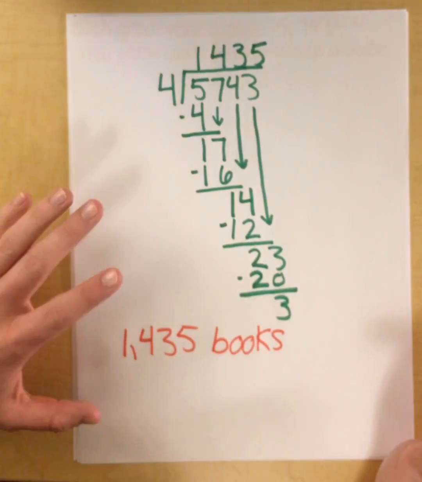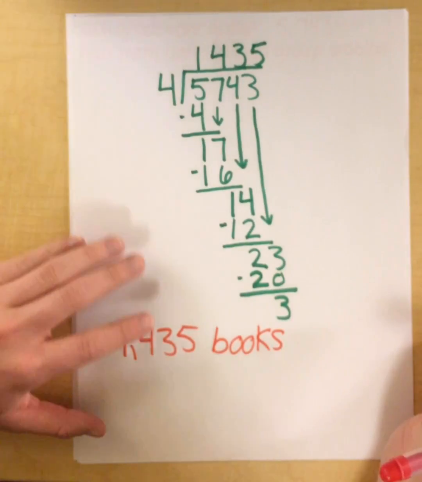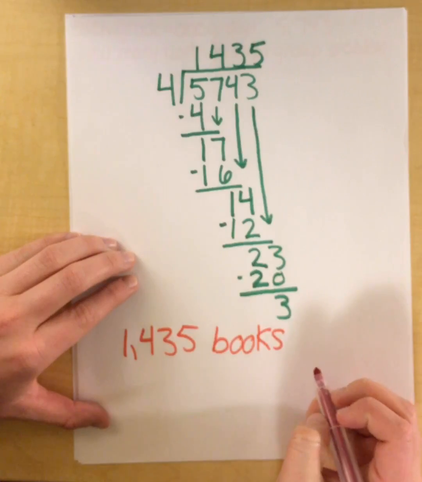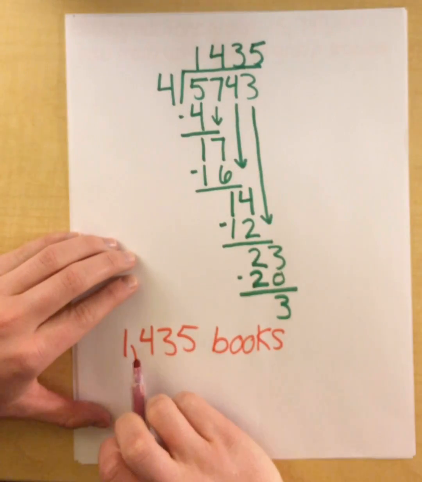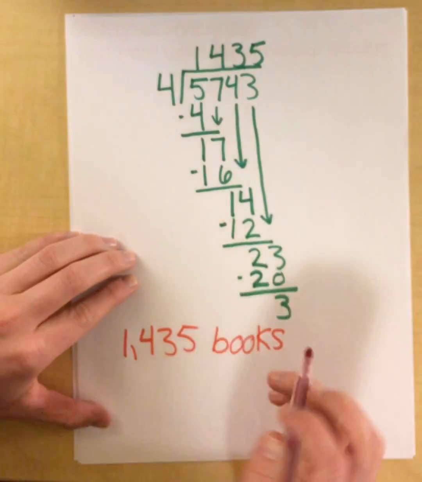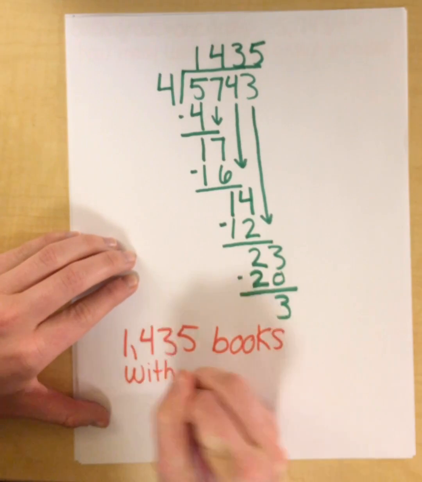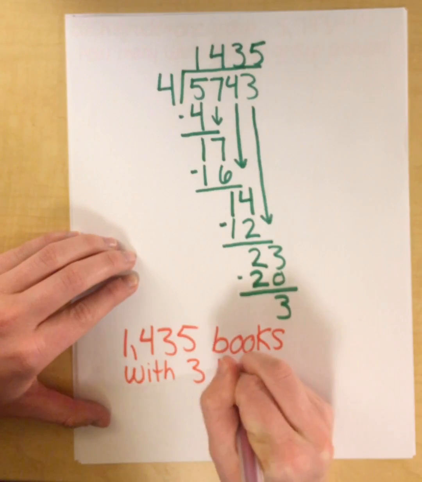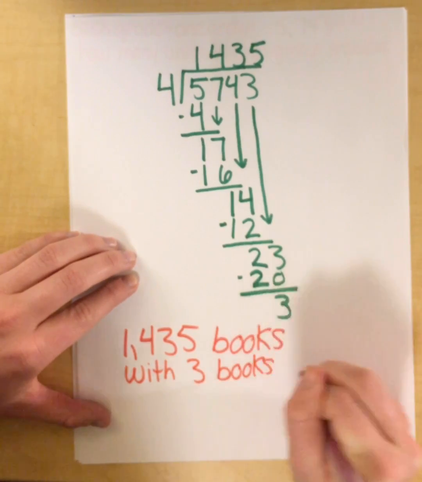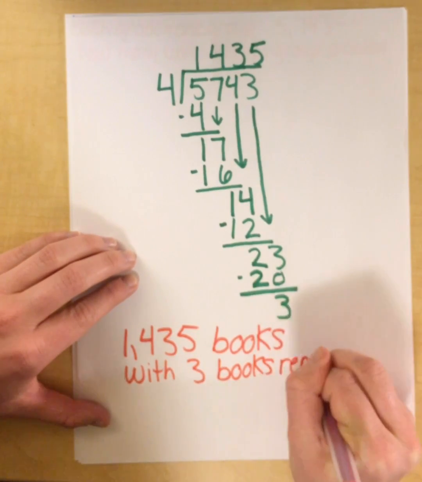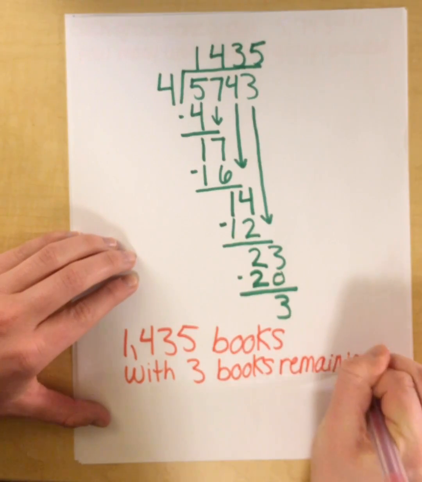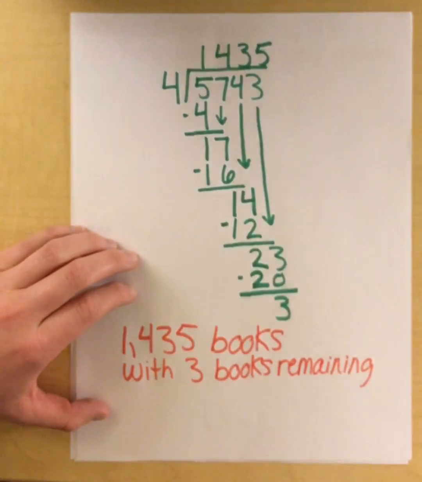So those 3 books are just going to be extra, and that's called a remainder. So again, each grade will get 1,435 books with 3 books remaining. And that's your answer.